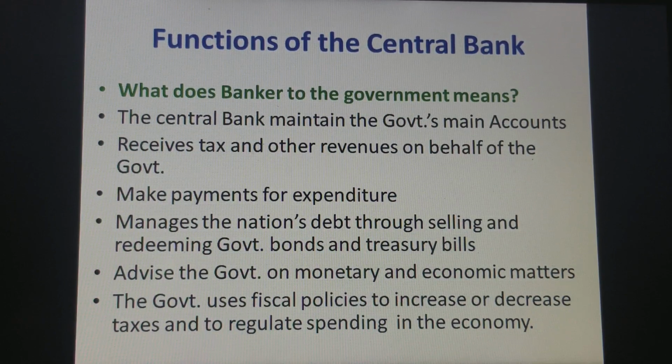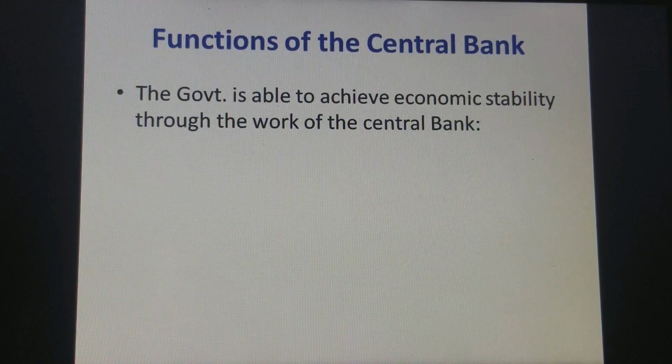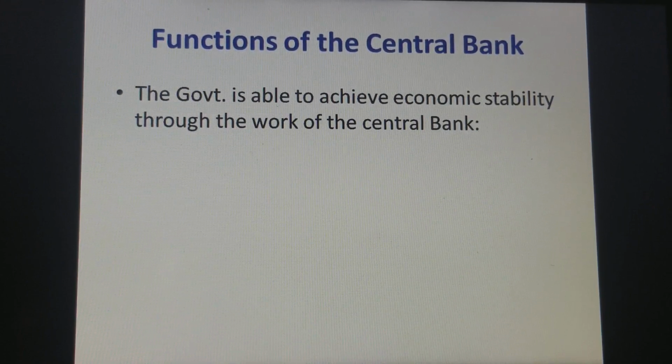The government uses fiscal policies to increase or decrease taxes and to regulate spending in the economy, right? And since the government has to do that, the central bank provides assistance to them. The government is able to achieve economic stability through the work of the central bank.